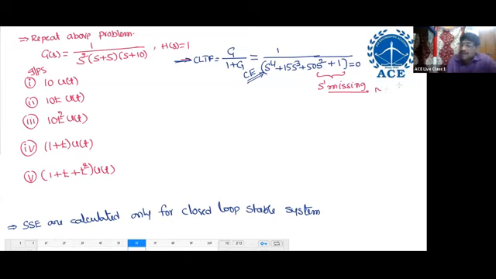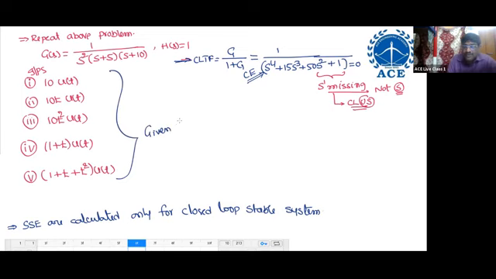I already verified with RH criteria that this closed loop system is unstable. We can check it: 2 poles are in the right half. So the given closed loop system is unstable.